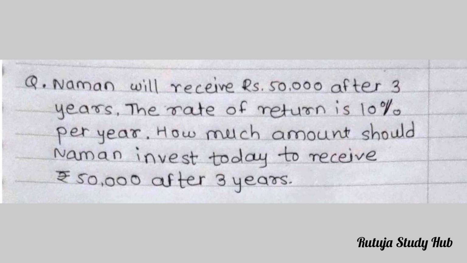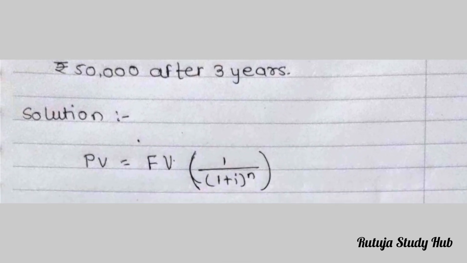Rupees 50,000 is received after 3 years. This is future money. The question is asking how much should be invested today. So here future value is given and we have to calculate today's value. This is a present value question.